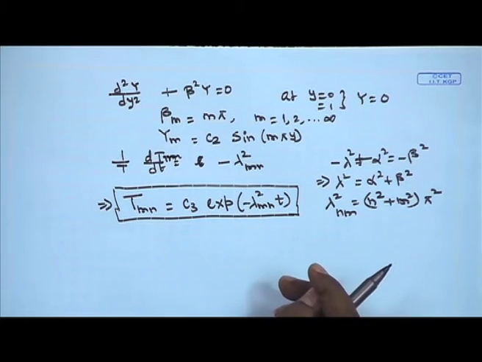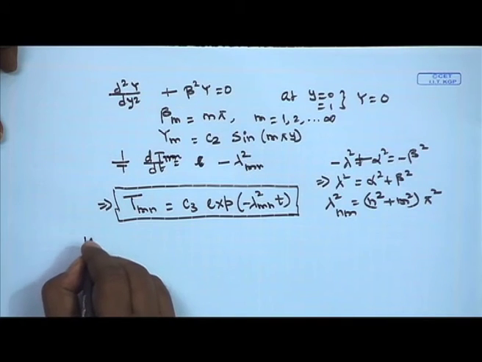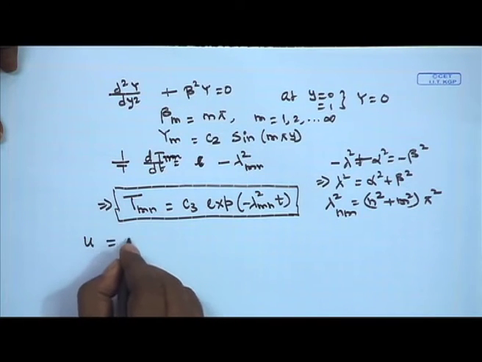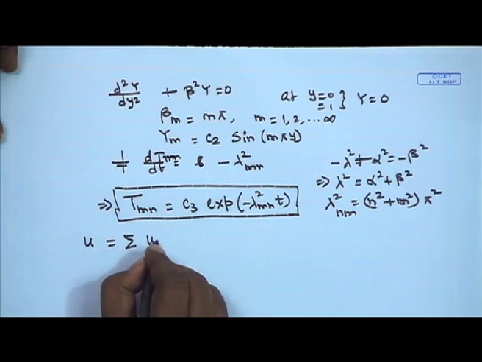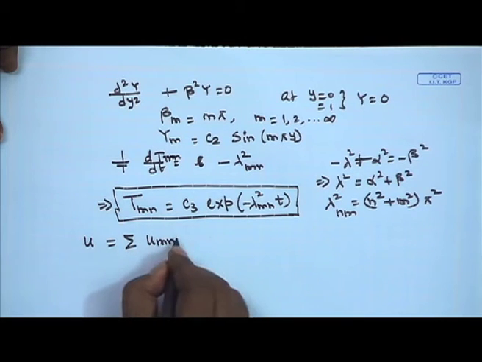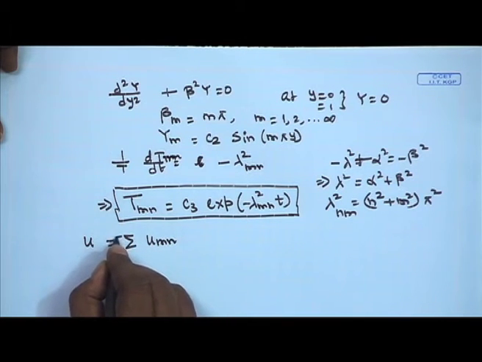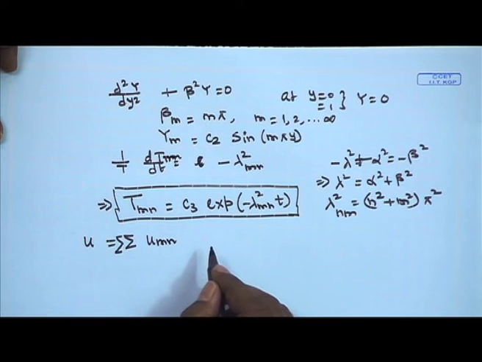Now, we are in a position to construct the complete solution by multiplying each of these components together and then adding them up using the principle of linear superposition. If we do that, the solution will be constituted by a summation of u mn, and there will be a double summation, because we will be considering two eigenvalue problems.